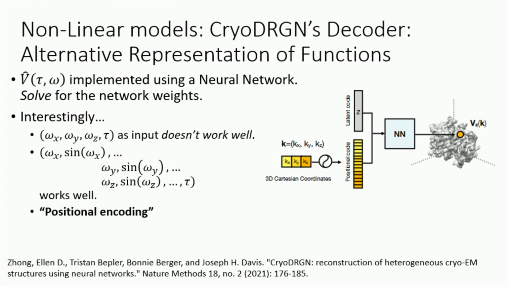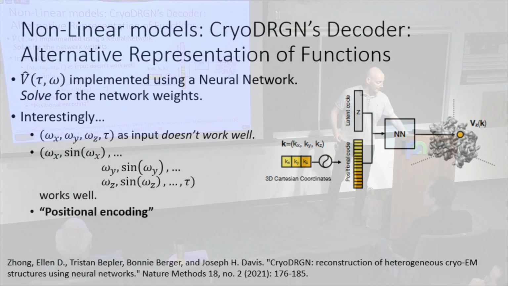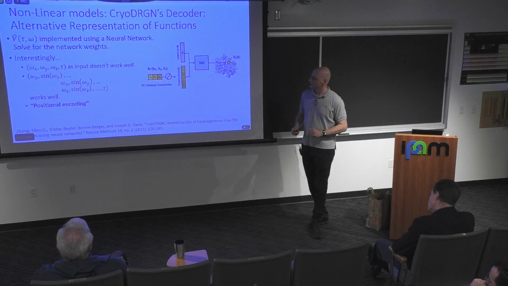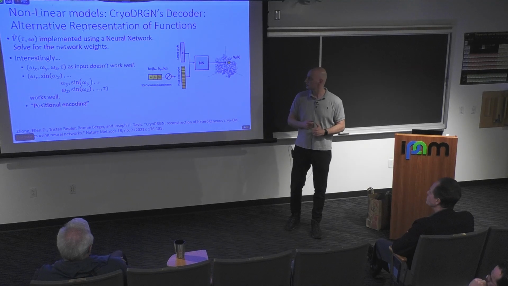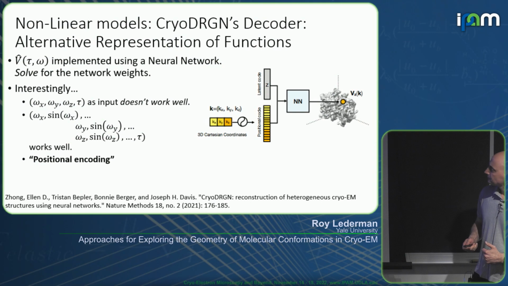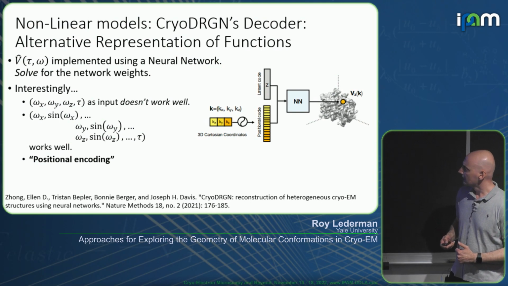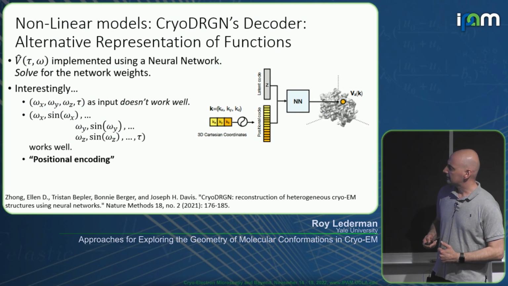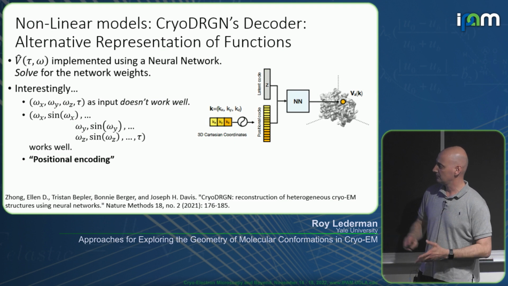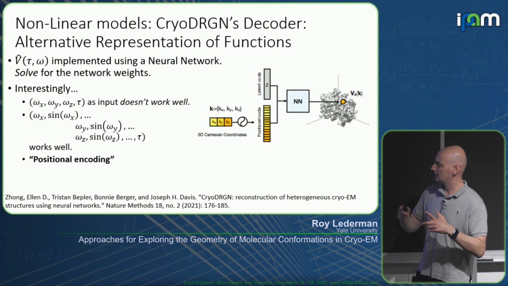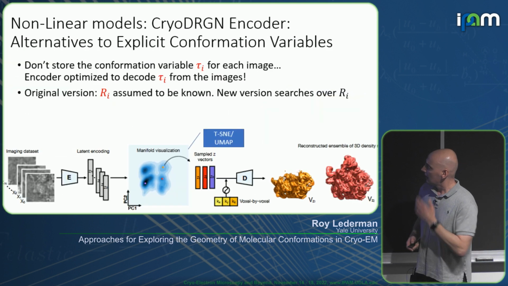The function itself, this hypermolecule, is represented using a neural network with these positional encodings that Ellen talked about. So that's one innovation, and it has some advantages, for example, in going to higher dimensional conformations, etc.